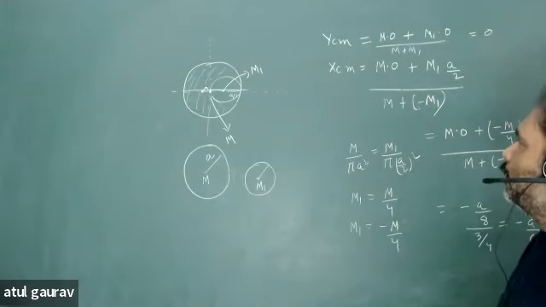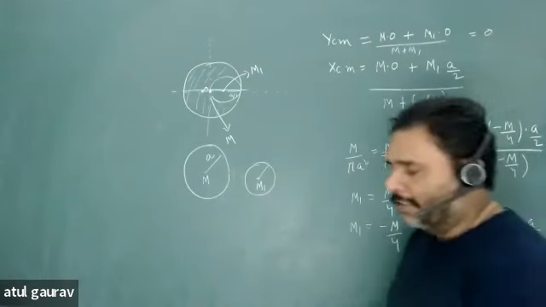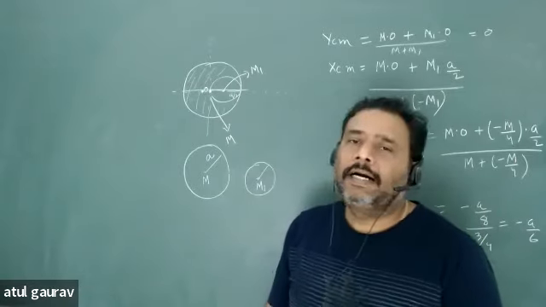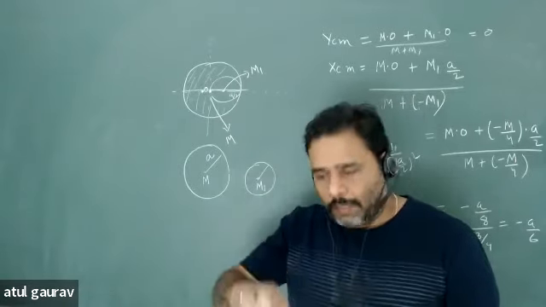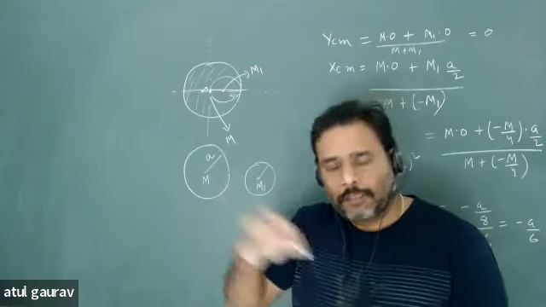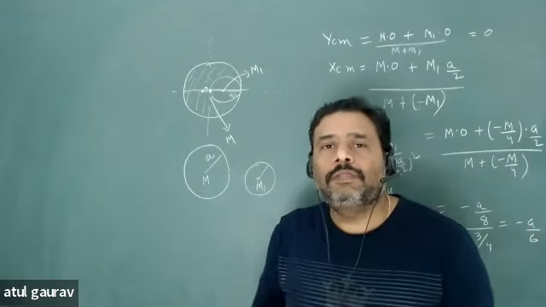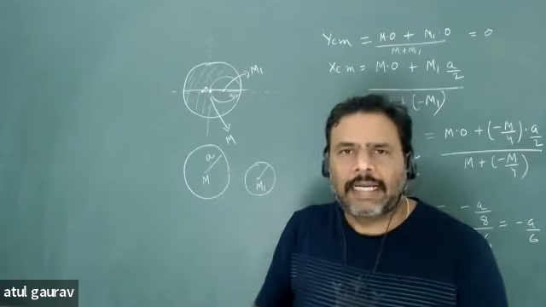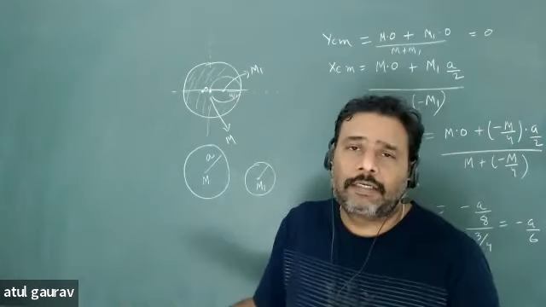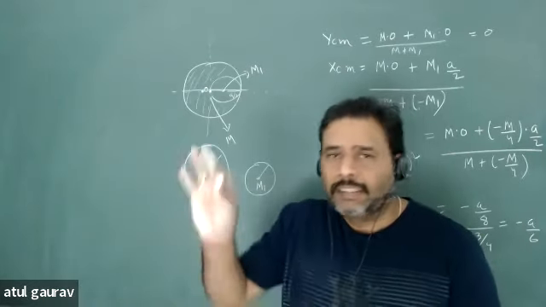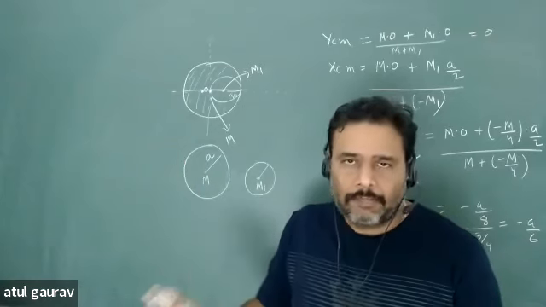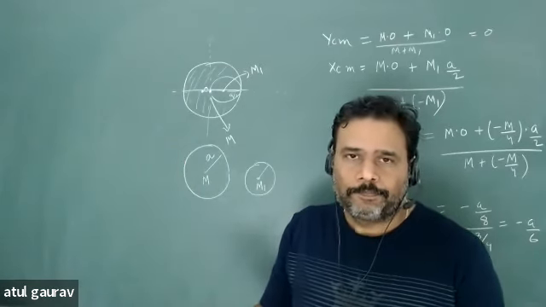Because listen, what I am saying, if you are removing the mass from the original body, you can assume that mass as a negative mass, and I am using the same concept of center of mass, the same formula of center of mass, with the plus sign. Are you getting my point?